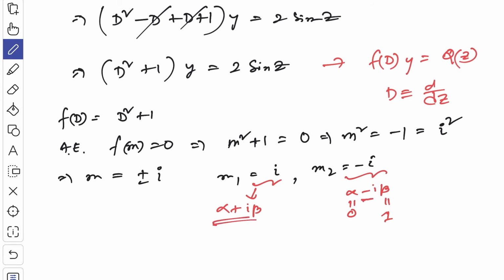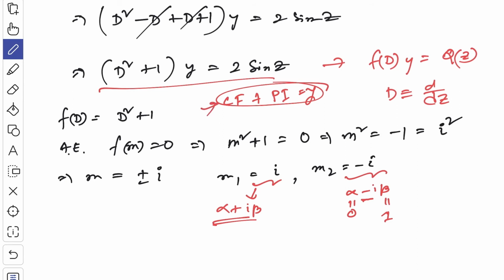So in case of complex conjugate roots, to solve this kind of equations, we need to find CF and we need to find PI. So their sum is the solution, right? We know that. So how to find the CF if the roots are complex conjugates?